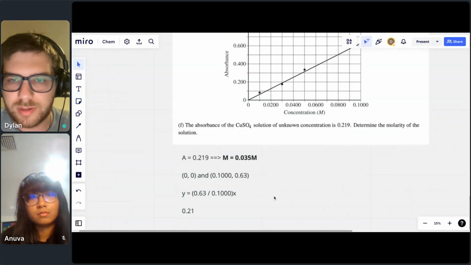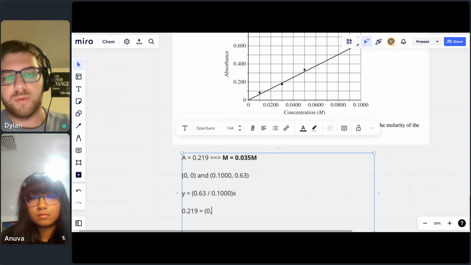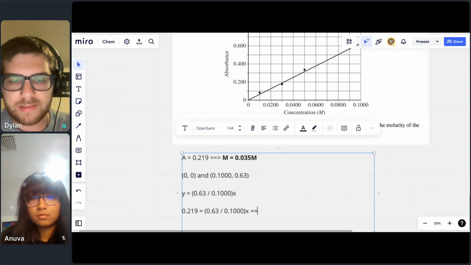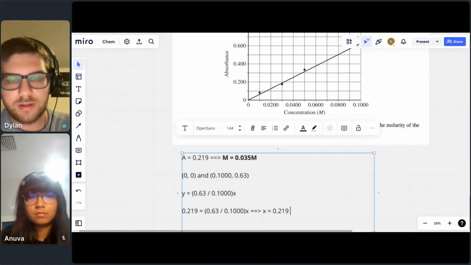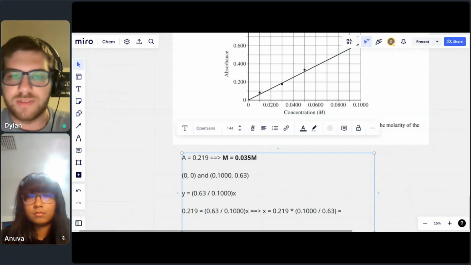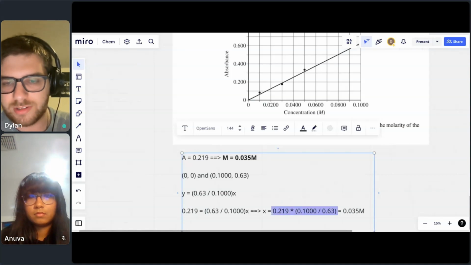That's the absorbance we were given. So 0.219 is equal to 0.63 over 0.1 x, which implies that x equals 0.219 times 0.1 over 0.63, which gives us 0.035. Same exact answer as before.